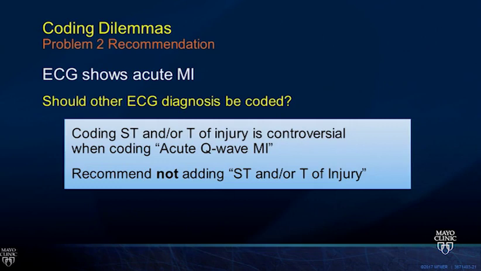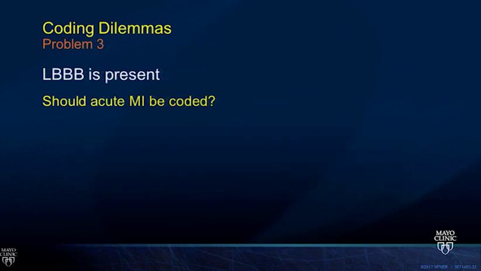I would say no. If you're going to code a myocardial infarction, the implication is that there's ischemia, okay? And so when you start to code myocardial injury and you start to code T waves suggesting ischemia, you're overcoding. So if you see a Q wave myocardial infarction, code that and look for the other stuff. You're done, if you will, with the ischemic part of that. You don't need to code injury. You don't need to code ST wave changes and so on.